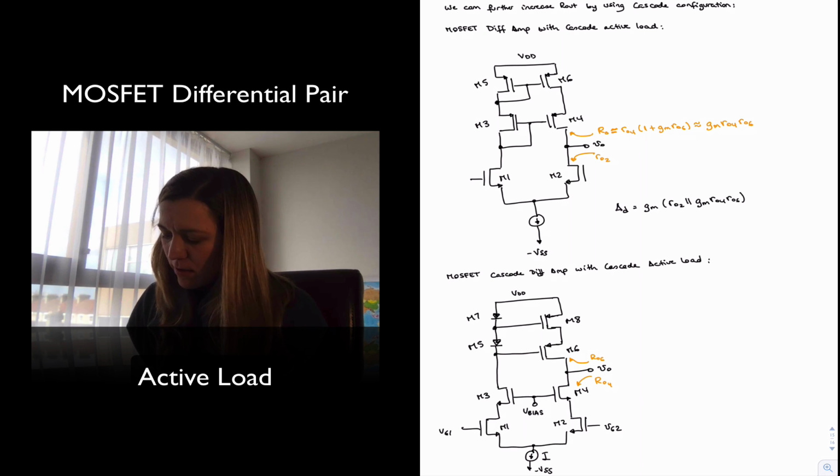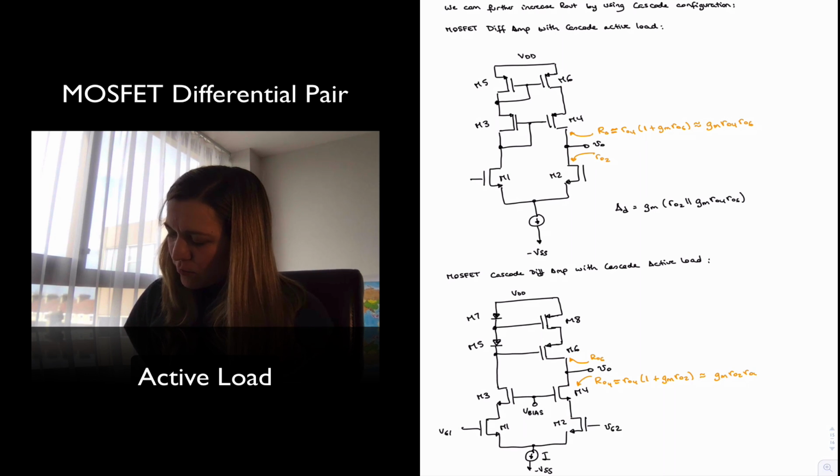Essentially, this one will be equal to little r out 4 multiplied times 1 plus gm r out 2, so approximately equal to gm r out 2 r out 4. And r out 6 will be equal to little r out 6 times 1 plus gm r out 8, and so approximately equal to gm r out 6 r out 8.